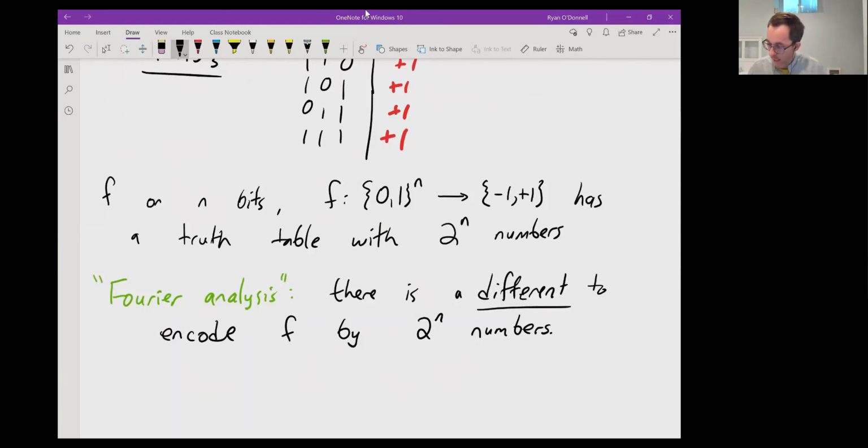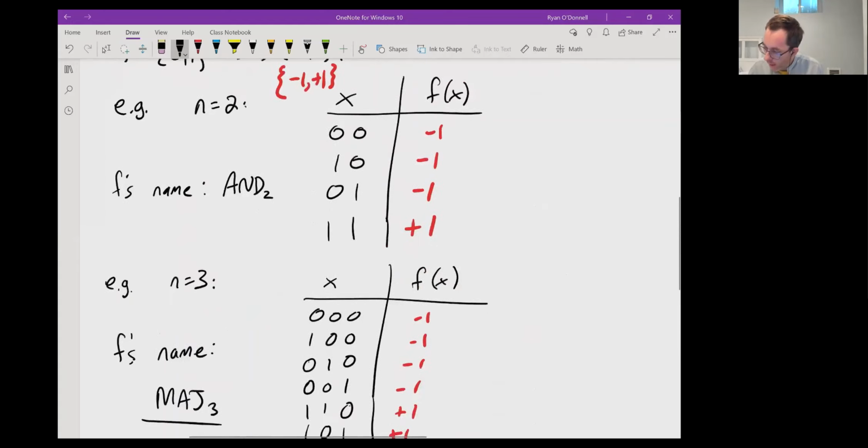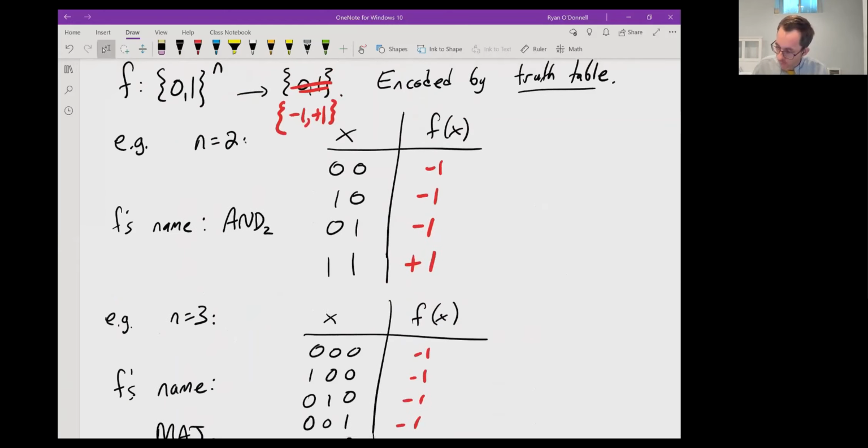So let me just start by telling you, without explaining, what is the different list of 2 to the n numbers. In these two cases, we saw the AND function on 2 bits and the majority function on 3 bits. So I'll write it over here. When you have the different list of 2 to the n numbers, instead of calling the table f, you call it f with a hat, for some reason, even though it's just like a caret or something.